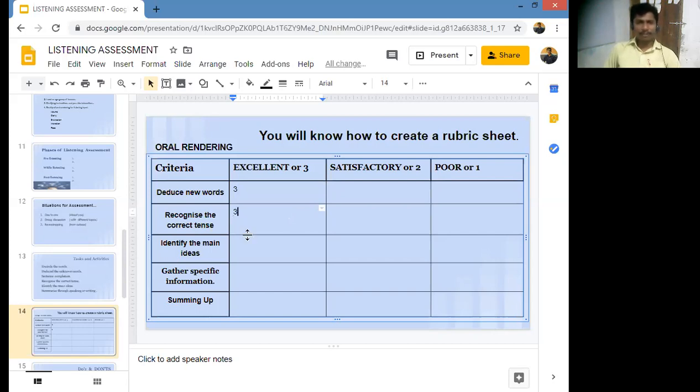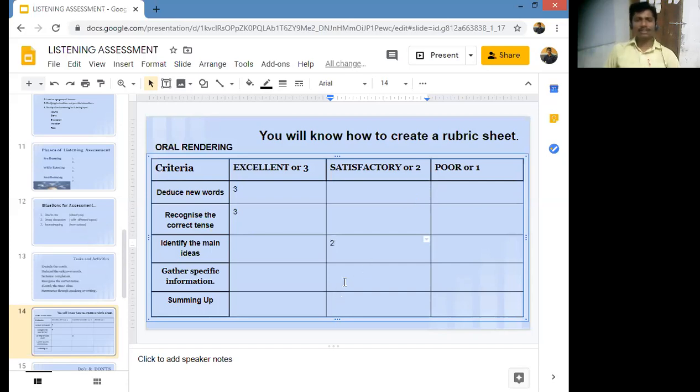But if my learners are unable to get the 100% ideas from that matter, then as per your findings, you can put him in a poor section or in a satisfactory group, with marks 2 also.